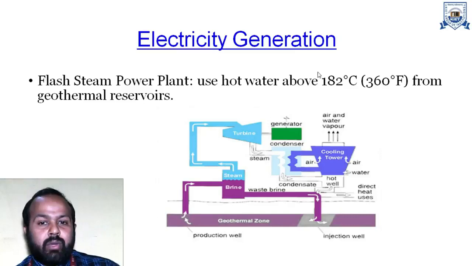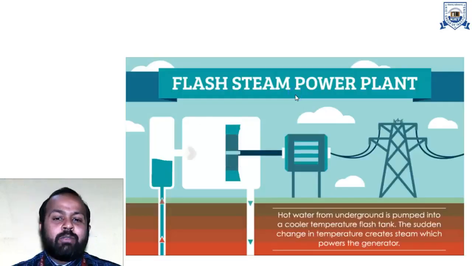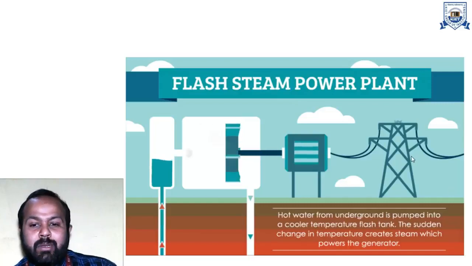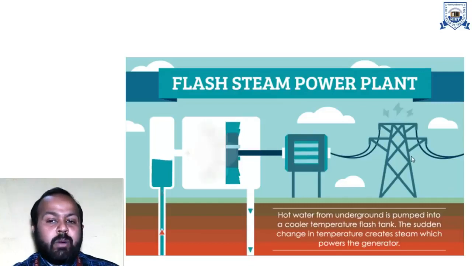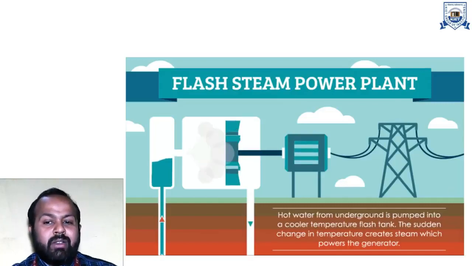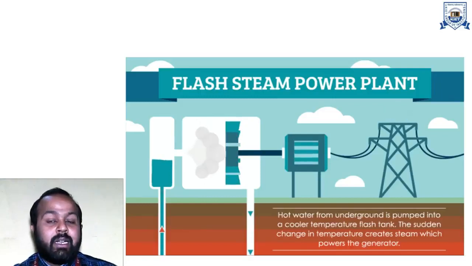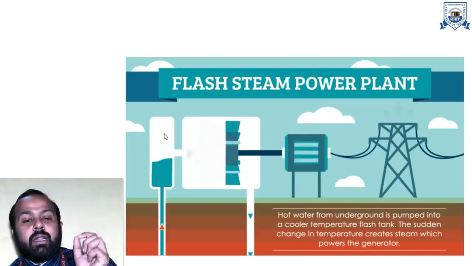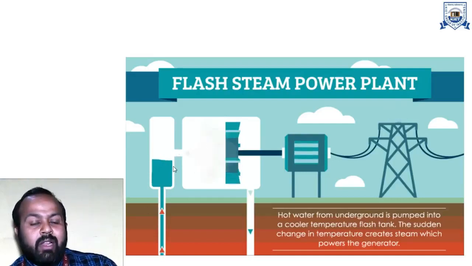So the illustration of the flash steam power plant is this. As you see, hot water from underground is pumped into a cooler temperature flash tank, and the sudden change in temperature creates more steam, which powers the generator. So in the flash steam power plant we have to focus on the brine solution.